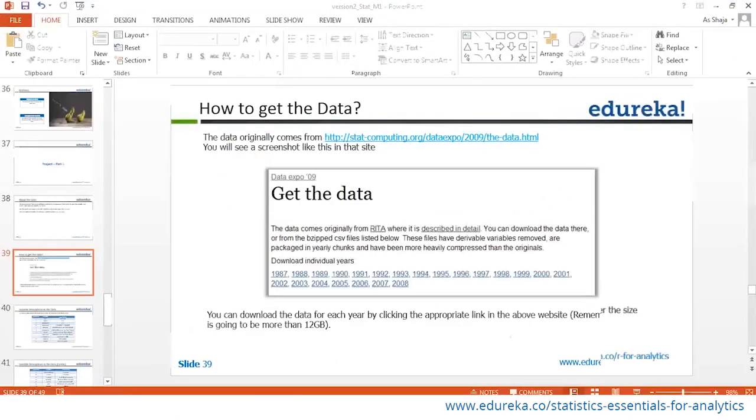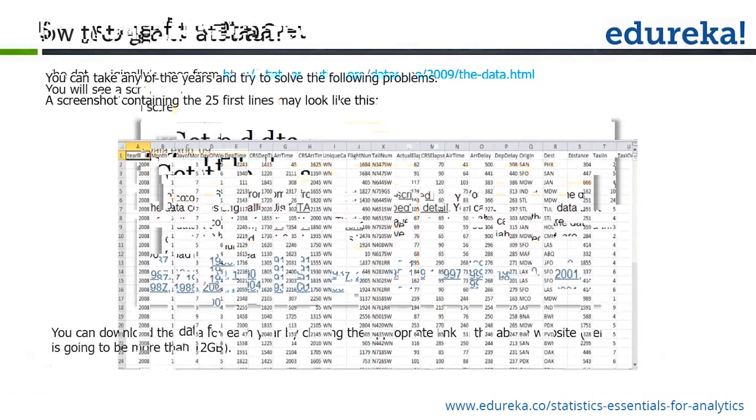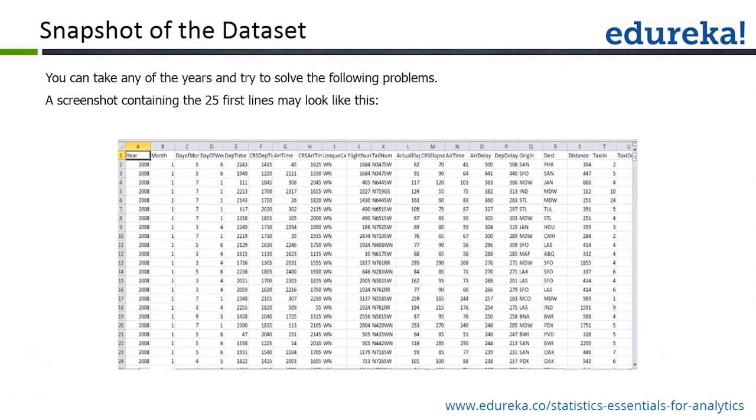Okay, so let's see what questions are asked in this, and you will understand that the data is organized like this. If you open this data in a spreadsheet, then the first 25 lines might look like this. So you should be able to interpret a particular line.